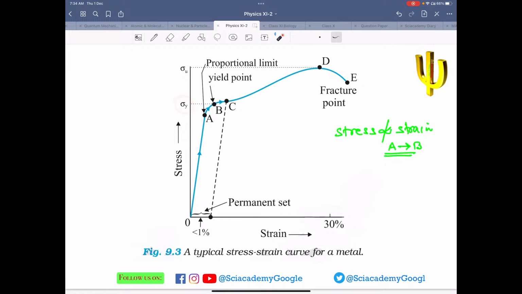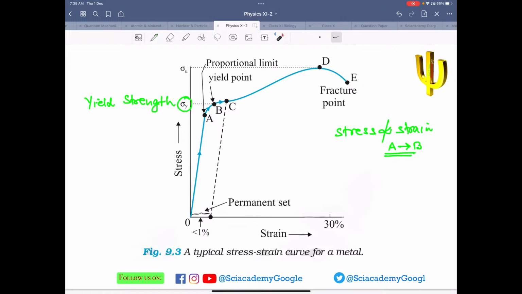We denote the stress at this yield point as sigma y, the yield strength, and it is particular to the particular material.